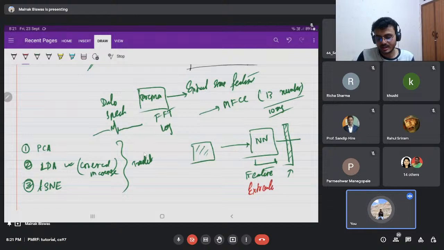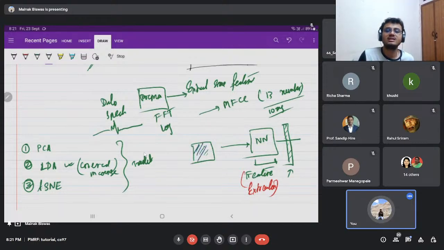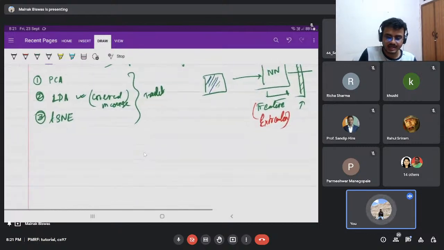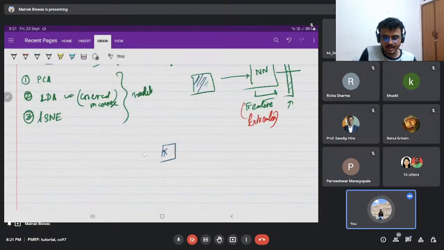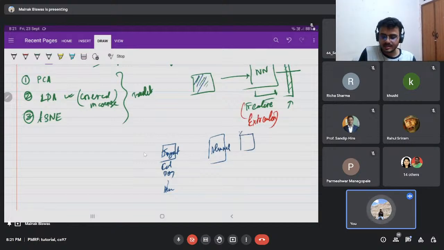RNNs are used for time series. We covered CNNs and touched upon RNNs in week 6, but those are not a part of your syllabus. You don't only have MLP. So this large data can be compressed into a small data when you're training a particular model. Say you are training a model to classify on ImageNet: cat, dog, humans, and you pass it through an AlexNet and get some representation.